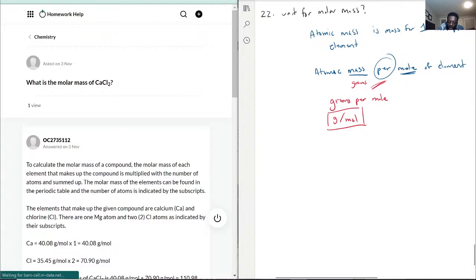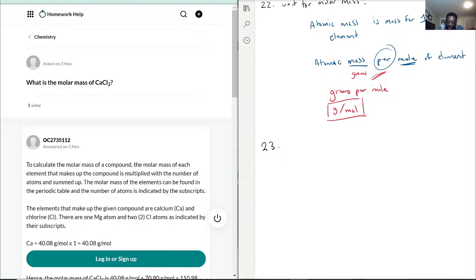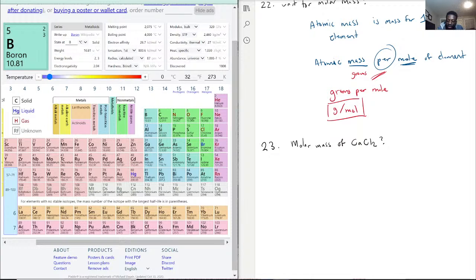Making good progress here. What is the molar mass of CaCl2? Okay, so back to what we were doing before.